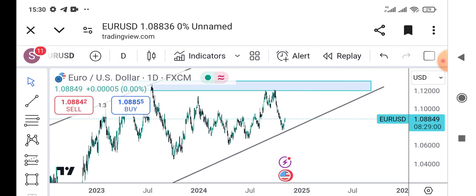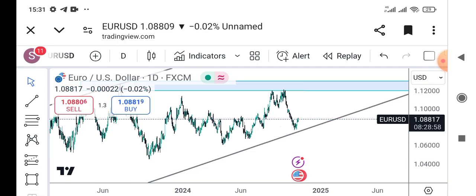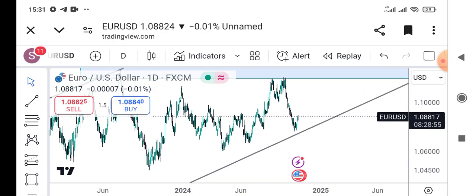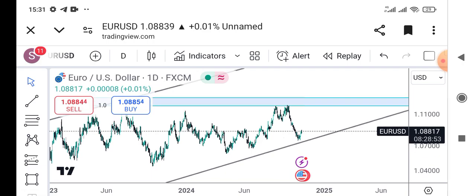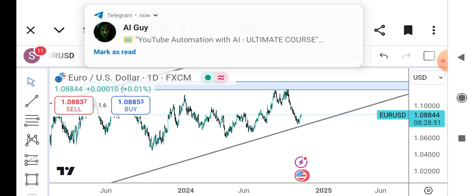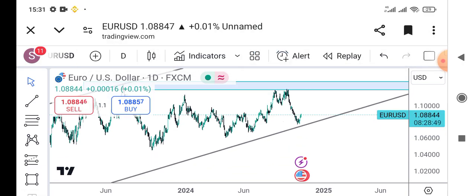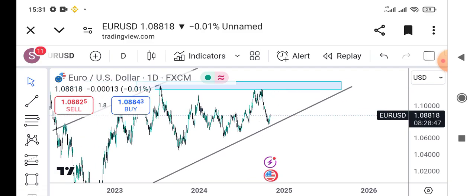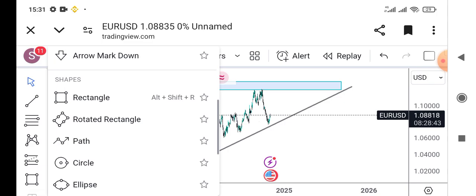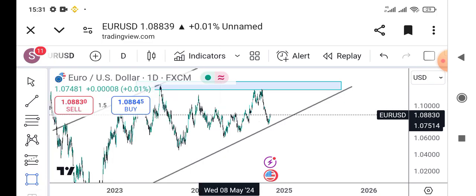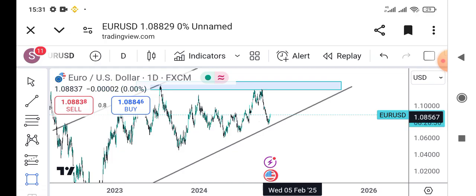So we have to draw these structures until we corner the price completely. So another lowest point, or the bottom of this market, was somewhere here.